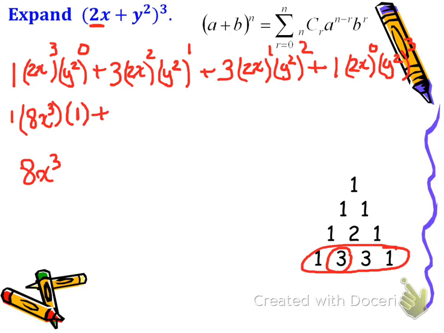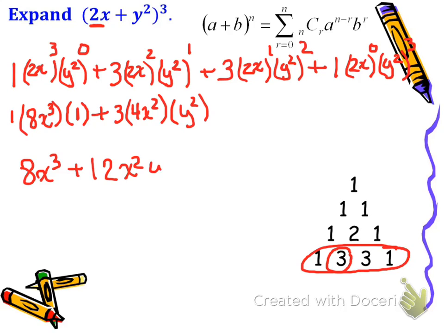Plus, in the next term we have 3 times the 2x squared, so 2x squared gives you 4x squared, times y squared raised to the 1st power. Remember, when you raise a power to a power, you multiply, so y squared to the 1st power would still equal y squared. Simplify this term: 3 times 4x squared times y squared, or 12x squared y squared.